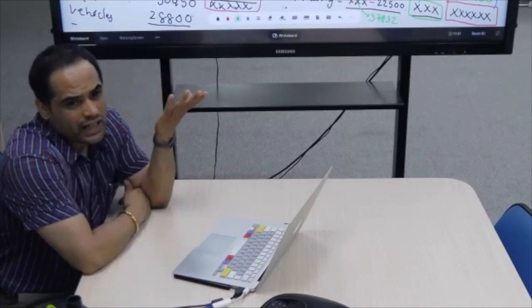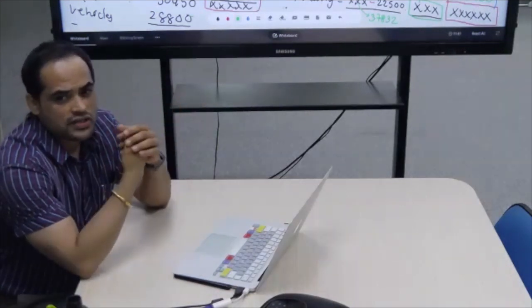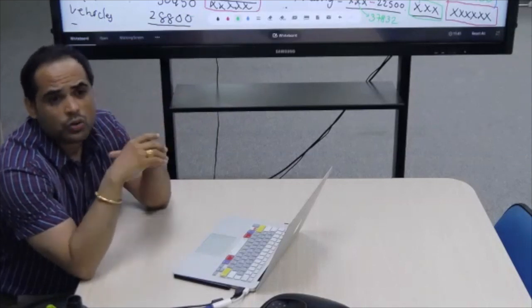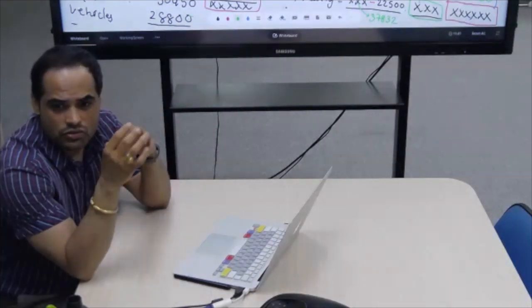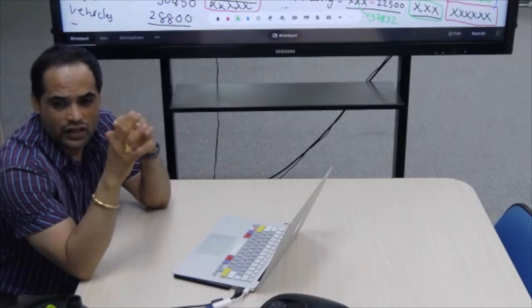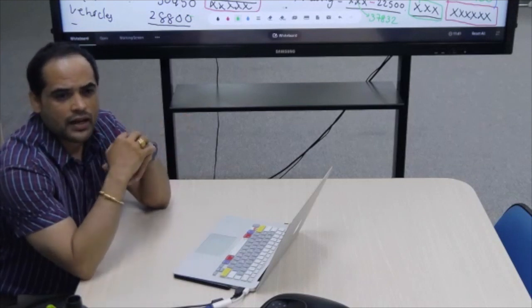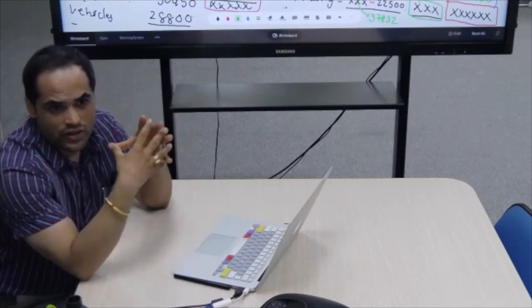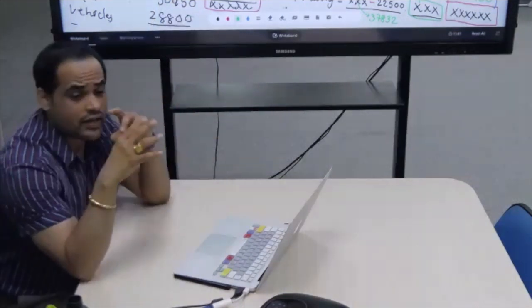Some students ask whether we have to calculate separately or calculate in the income statement. I will give you an outline, and in the outline I will mention everything, whether you have to show the adjustment separately or including the adjustment. Every piece of information I will provide you next week. So you can ask me questions.